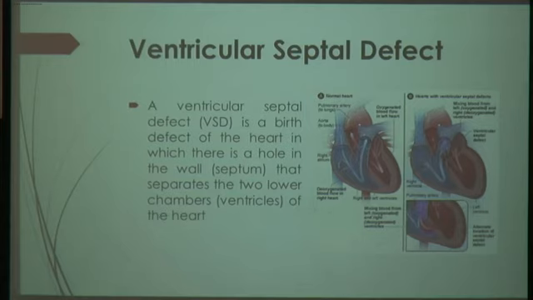And the heart sometimes may need to work harder to compensate for this issue, and it will cause enlargement of the heart, and eventually some heart failure problems, and also hypertension problems, and lots of problems. So this type of defect also needs to be repaired immediately after birth.